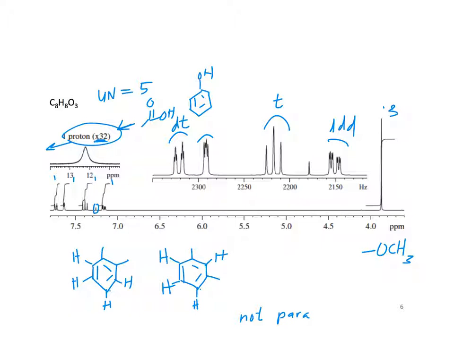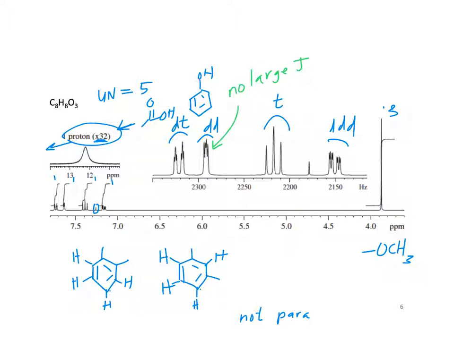But notice, I think the important thing here is this signal here has no large couplings. All of the other peaks have a large coupling. So the large coupling, what's that going to come from?